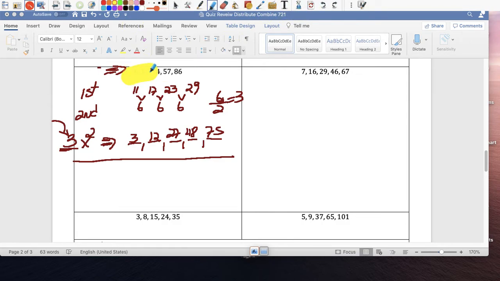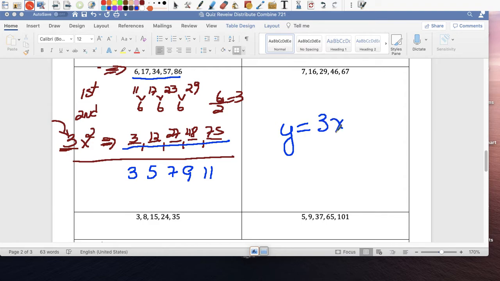So we're going to subtract this line from this one. 6 minus 3 is 3. 17 minus 12 is 5. 34 minus 27 looks like a 7. 57 minus 48 looks like a 9. And 11, right? So slowly we're getting a little function here.